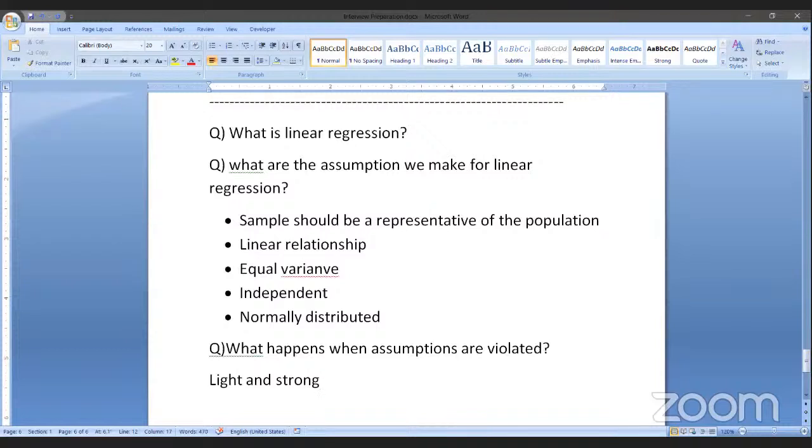We'll have to change the model itself. So both of these violations will have effects on the modeling part.